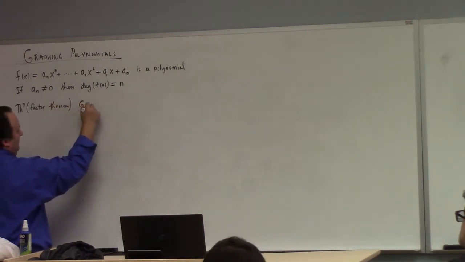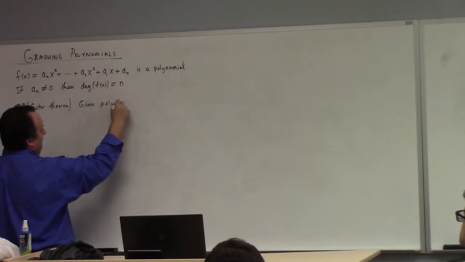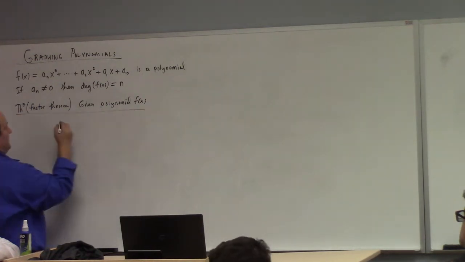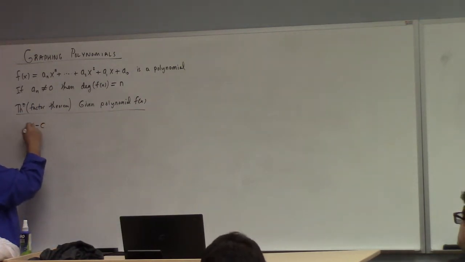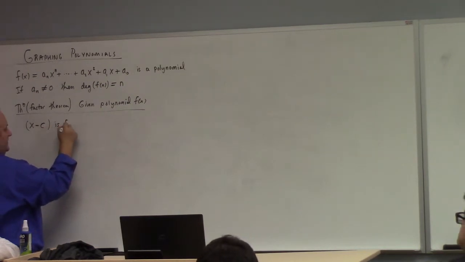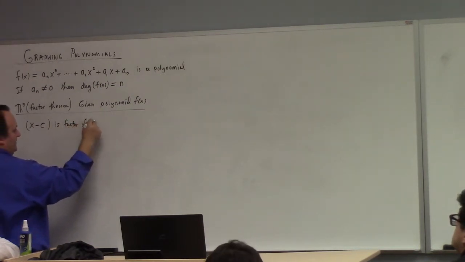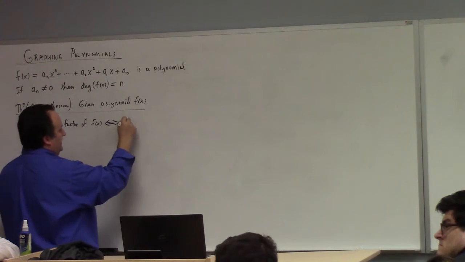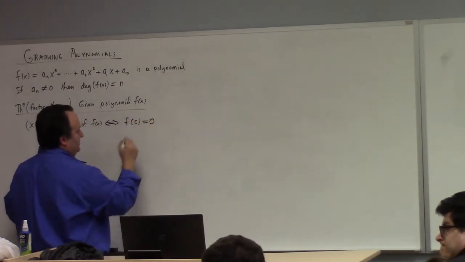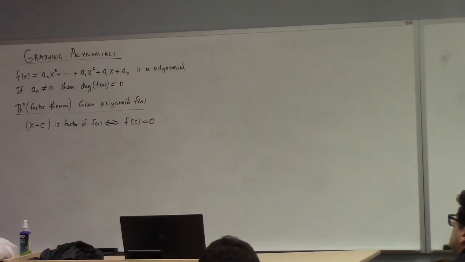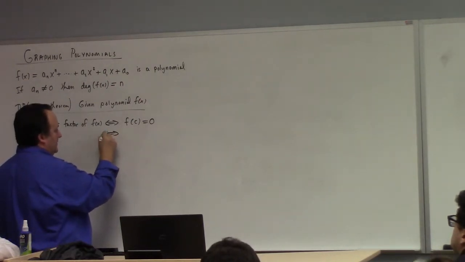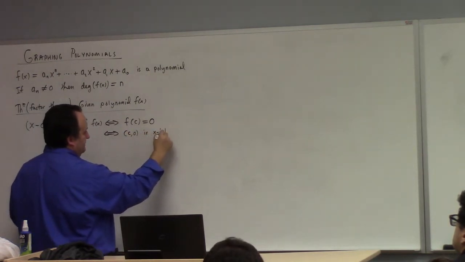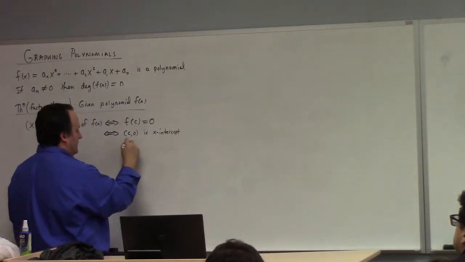The Factor Theorem, what does it say? It says given a polynomial f of x, here's the deal. x minus c is a factor of f of x if and only if f of c is equal to 0, which is also interchangeable with (c, 0) is an x-intercept of the graph.